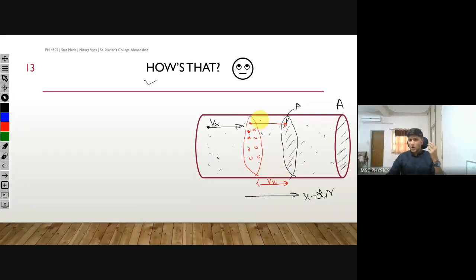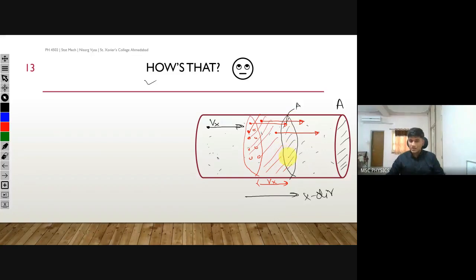All the particles sitting here will travel the distance Vx, so they will also definitely cross the cross section. So actually all the particles sitting inside this volume will definitely cross this cross-sectional area.